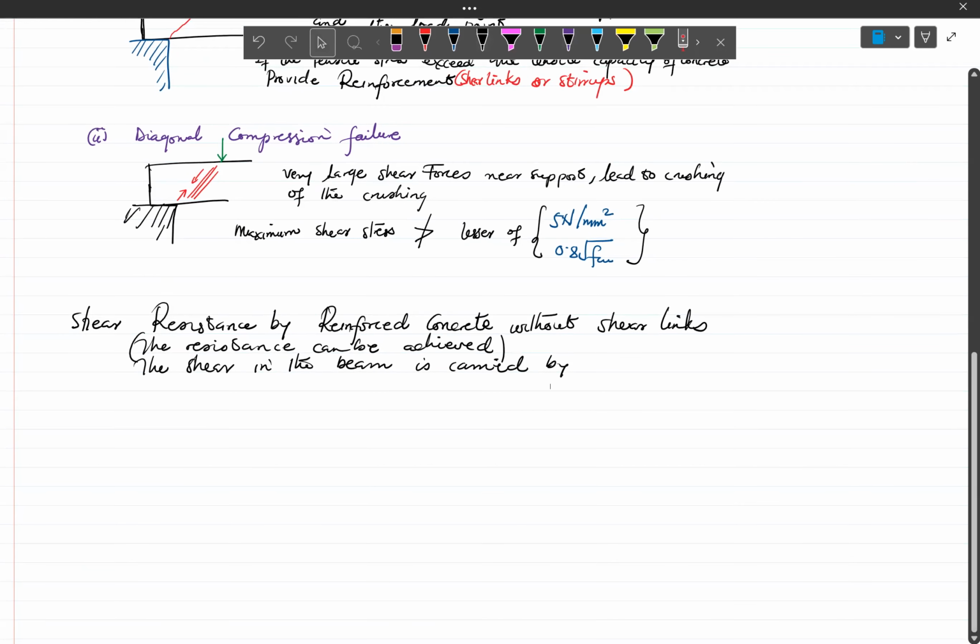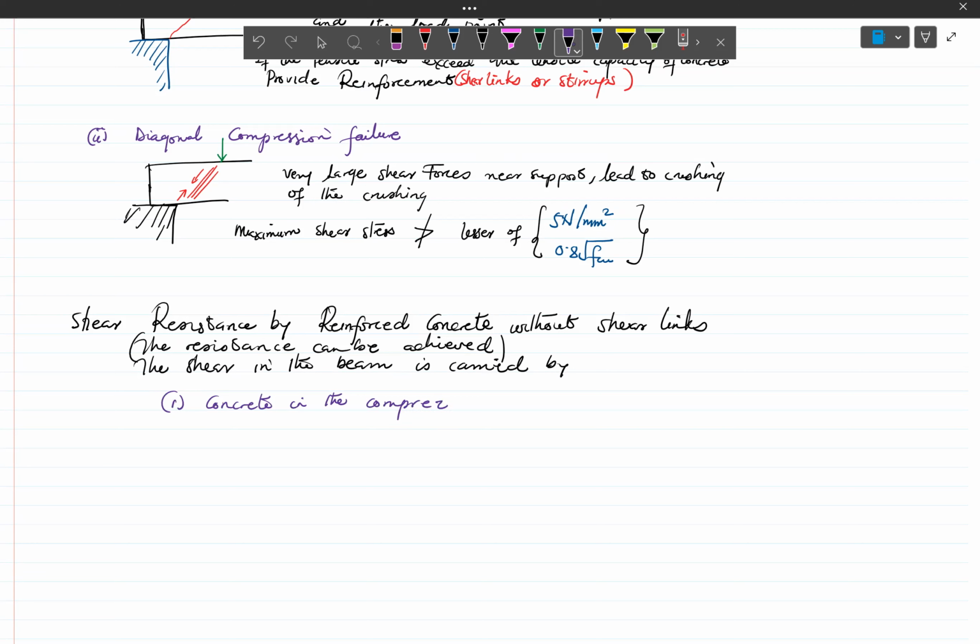So one is the concrete in the compression zone. Okay, so that provides some capacity towards resisting the shear stresses that are coming onto the beam. The other one would be what we call the doweling action.